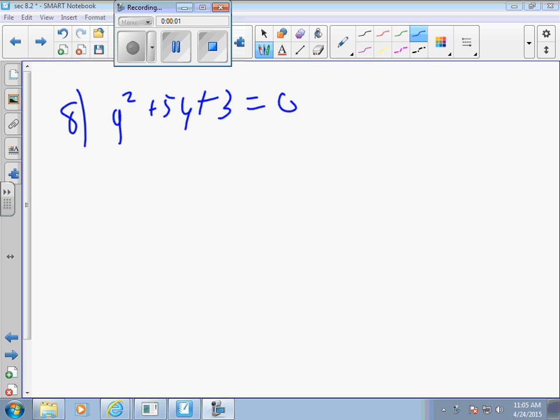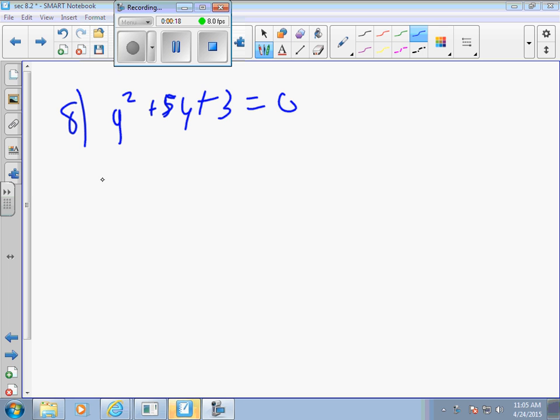We are on section 8.2, and we have the quadratic function y squared plus 5y plus 3, and we're going to plug it into the quadratic formula.